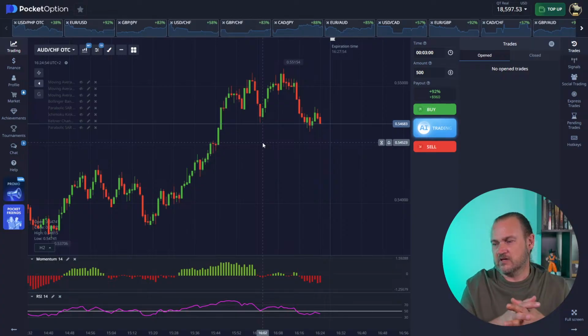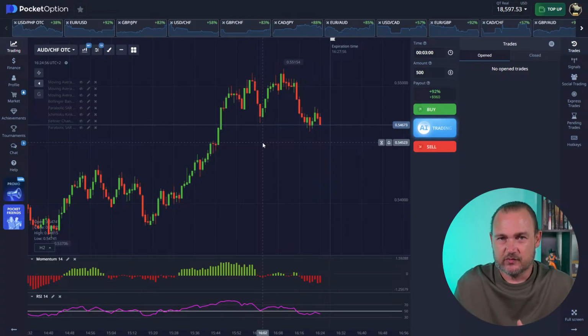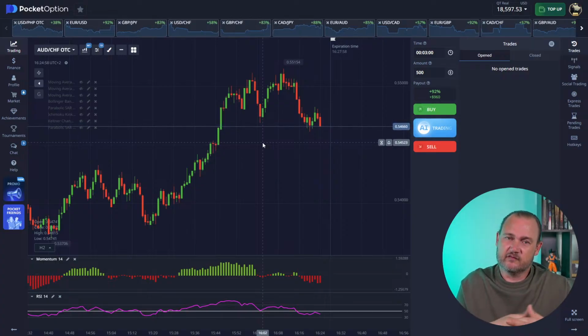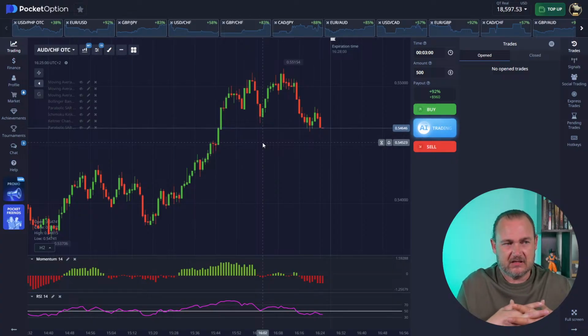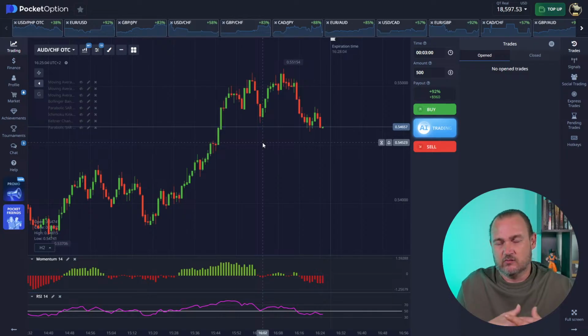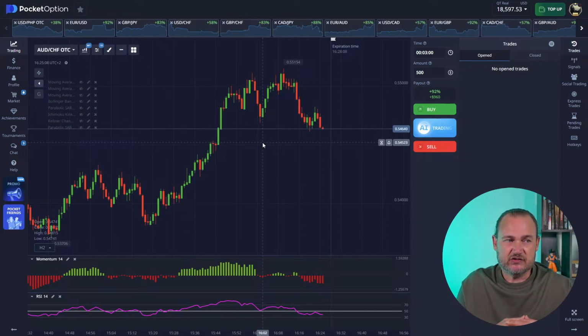Okay, so a very simple concept of momentum. It can be a little bit hard to understand at times, but once you understand it, it becomes a very useful tool. It gives you a way to view price action a little bit differently.